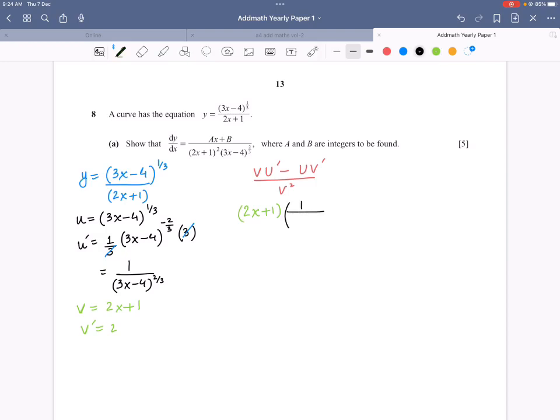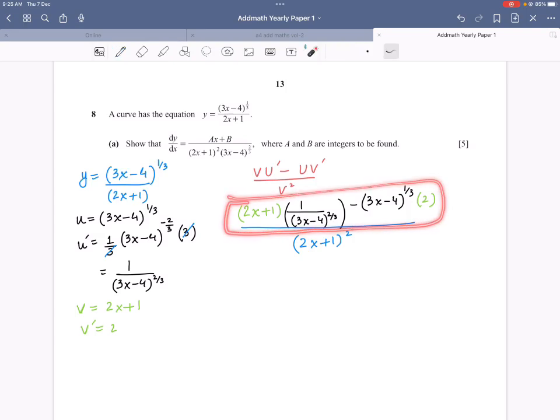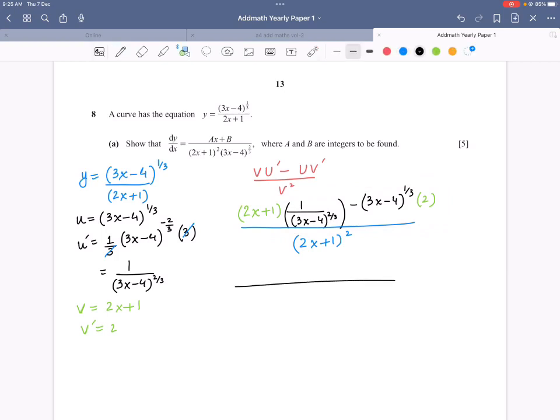It's 1 over 3x minus 4 to the power 2 over 3, minus u, which is 3x minus 4 with the power 1 over 3, times the derivative of v, which is 2. We plug in all the values, divided by v square, and v is 2x plus 1 with the power 2. Alright, now we need to find the LCM in this numerator part. Let me just write it down first.